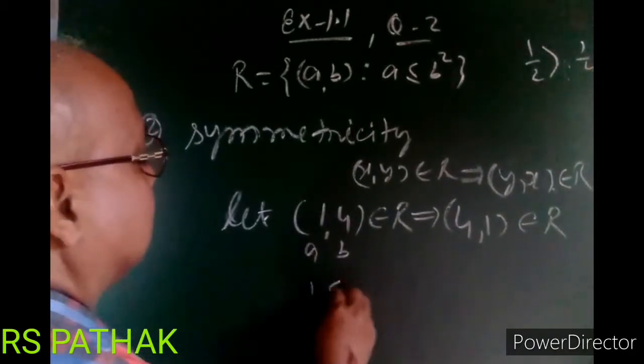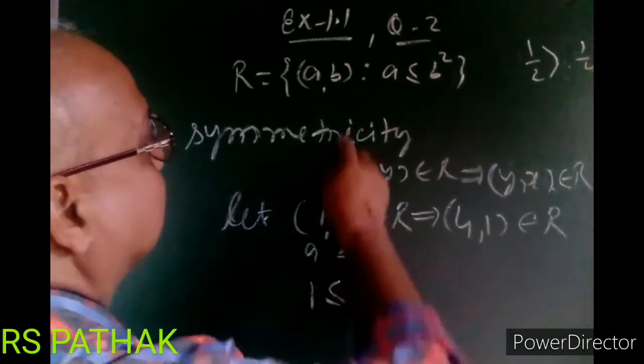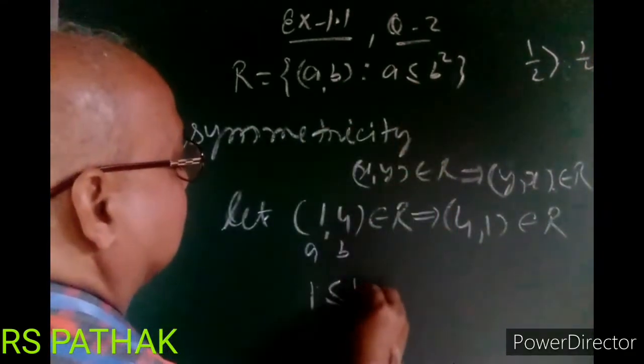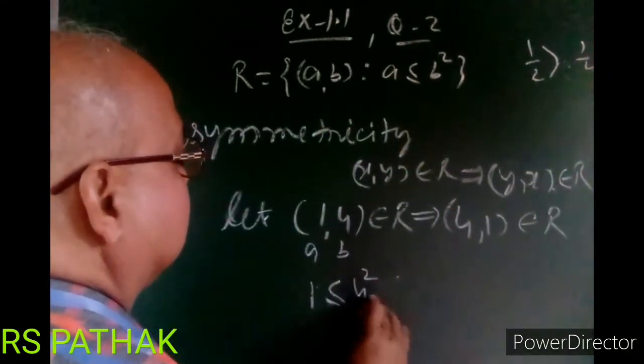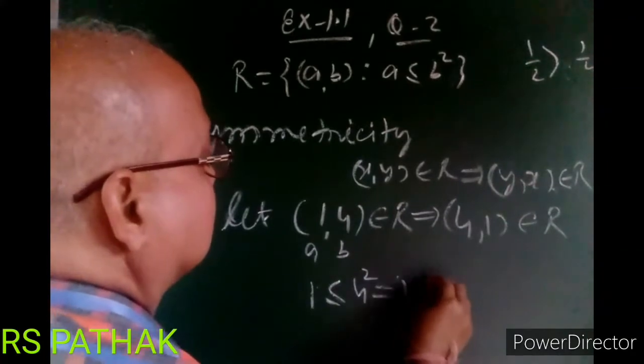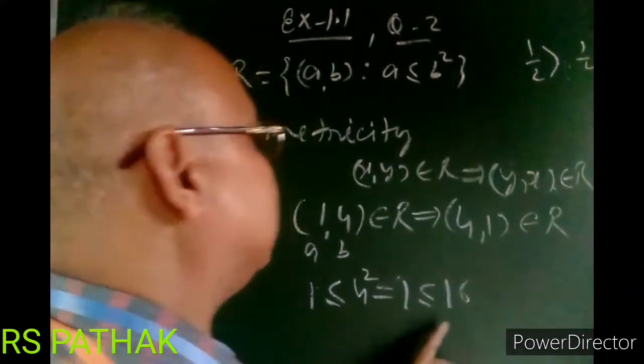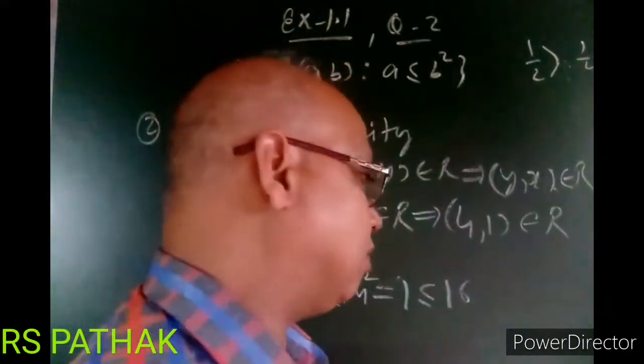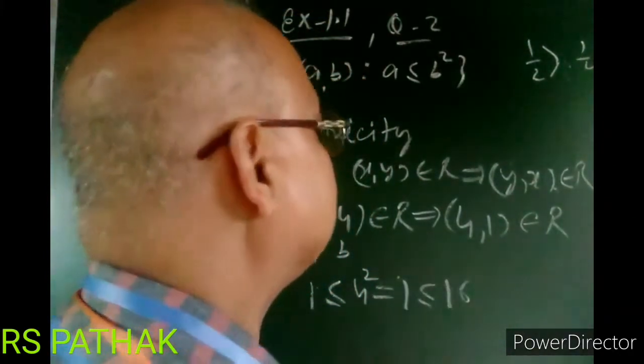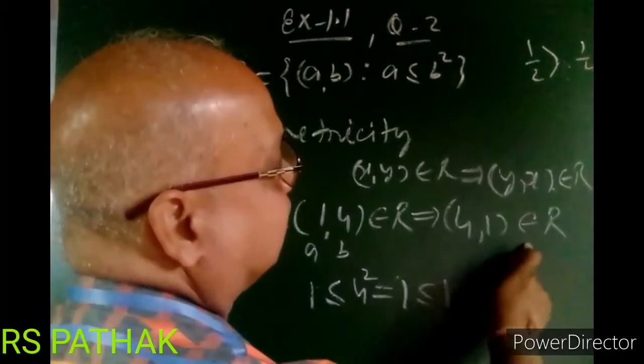So 1 less than or equal to 4 squared means 1 less than or equal to 16. 1 is less than 16. It is true. But its opposite, (4, 1), should also be true.